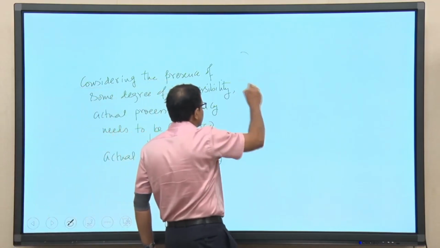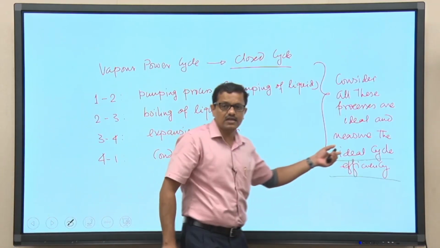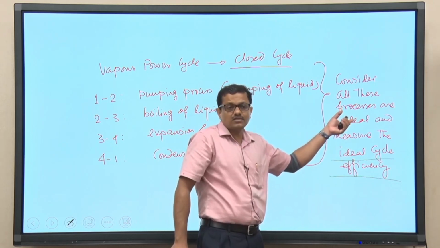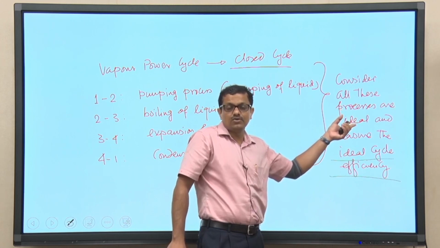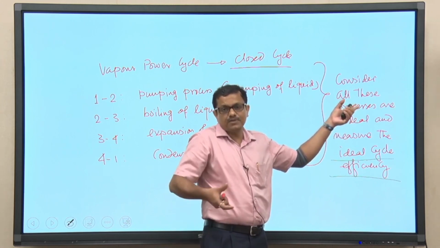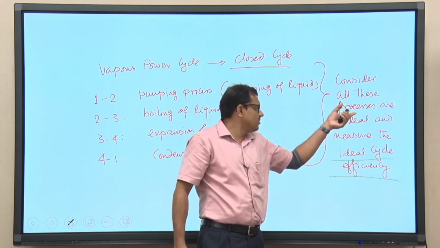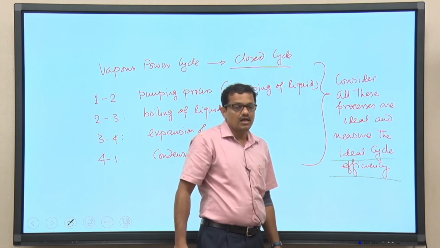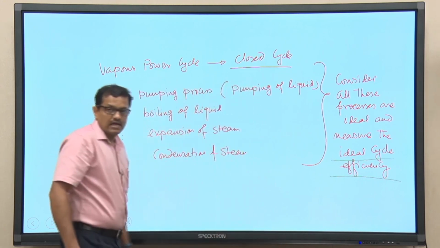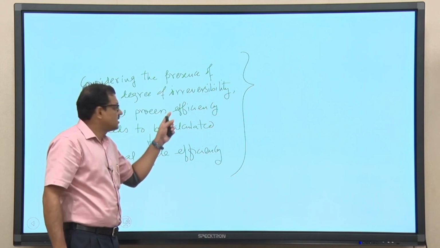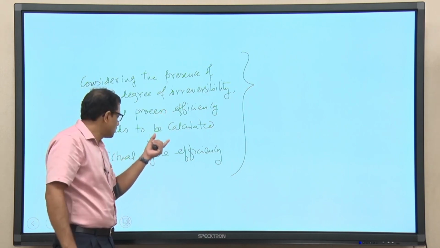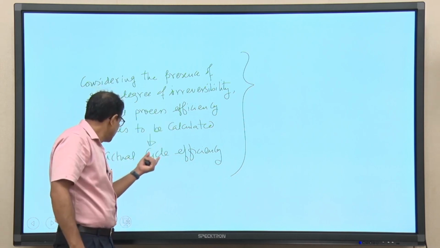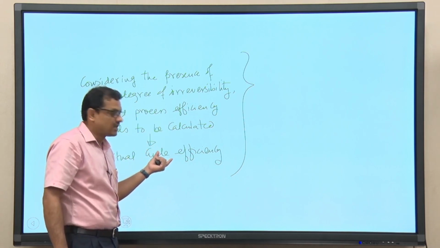So, we have understood from this slide that we can consider all the processes ideal, because to map the processes in a thermodynamic coordinate diagram we have to consider that all these processes are ideal, and at the same time we must admit that some degree of irreversibility will be there. So, accounting for this thermodynamic issue, we need to calculate the actual cycle efficiency.